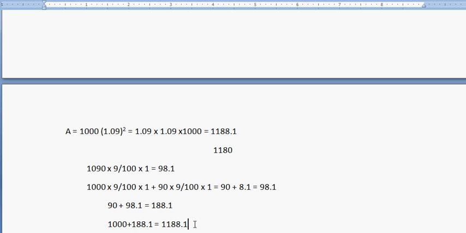So the difference between simple and compound interest is that whatever interest is added to my account, that becomes the principal next year. So the new principal changes, whereas in simple interest the principal is what I initially invested. So that's the only difference.